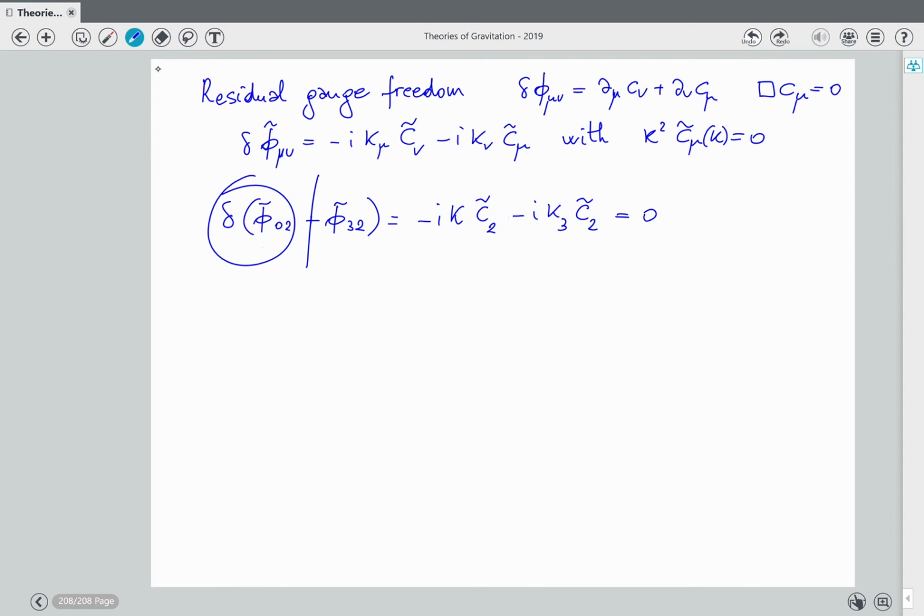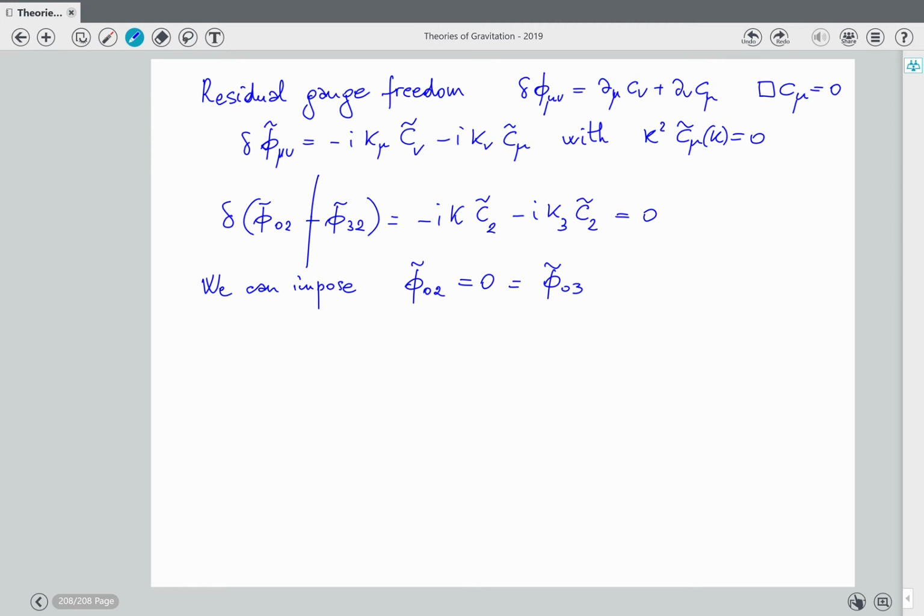So both will be 0. Phi 0 tilde 2. Same with phi 0 tilde 3. And the same with any component that does change.